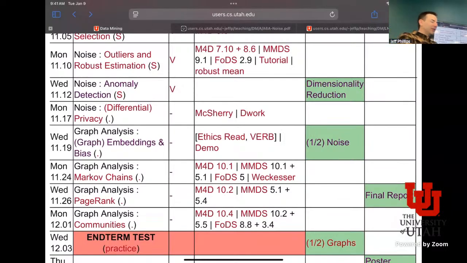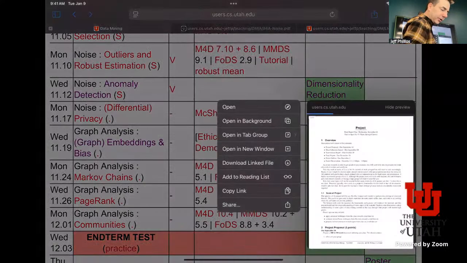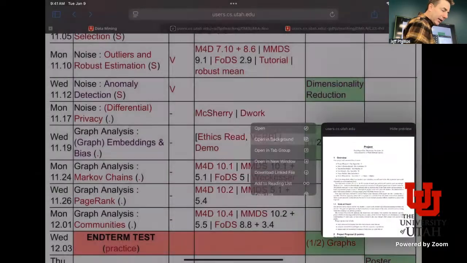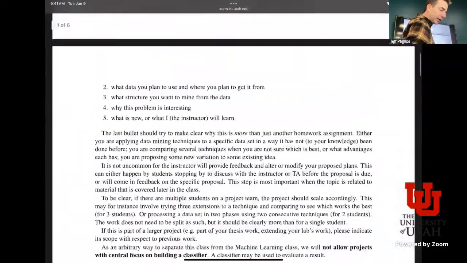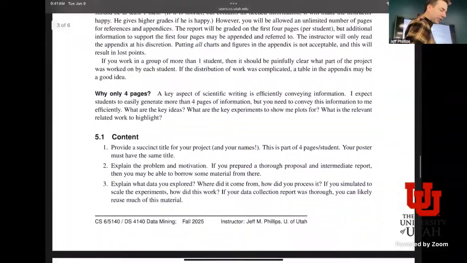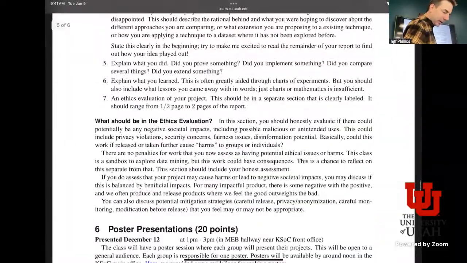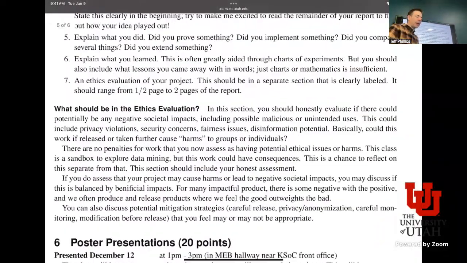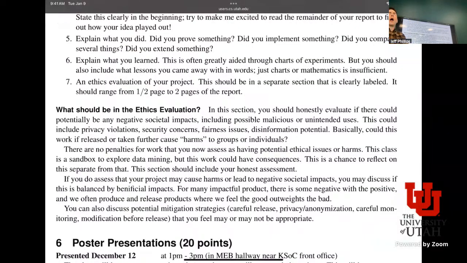One of the reasons is that for the final report, you're supposed to be doing an ethical evaluation of your project.